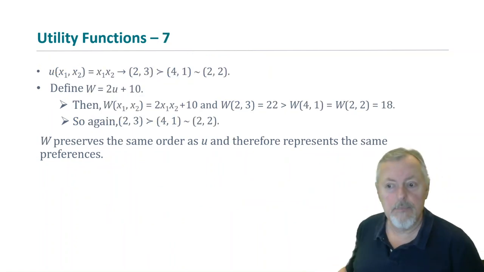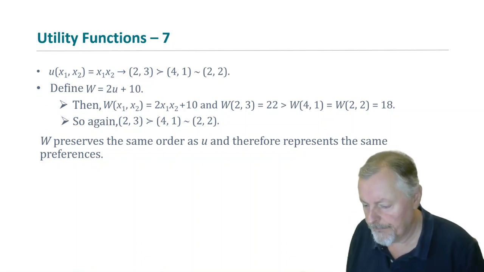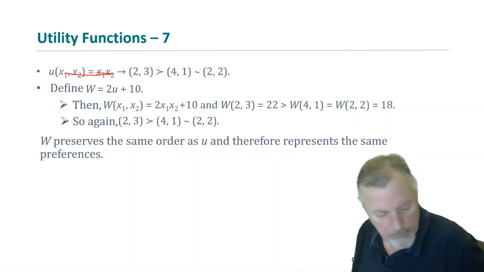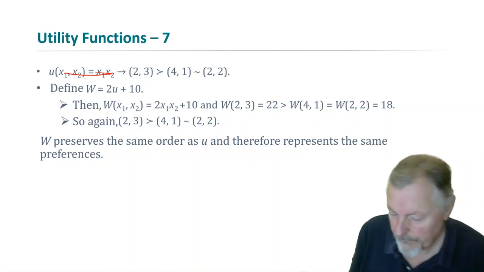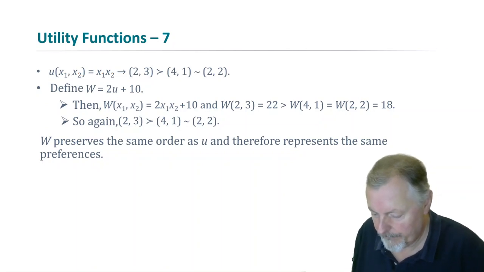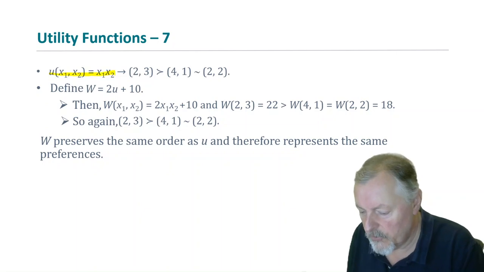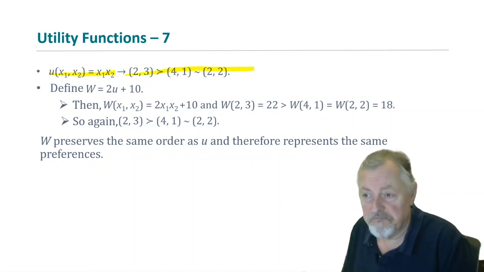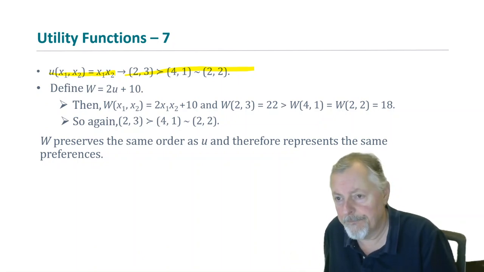Okay, here is another monotone transformation. This utility function does describe still this preference relation.